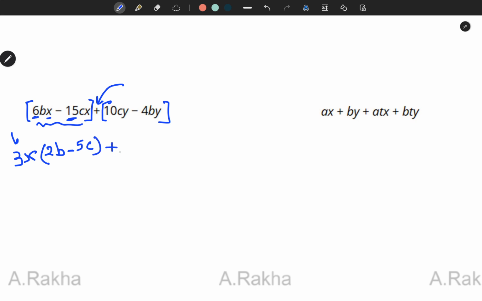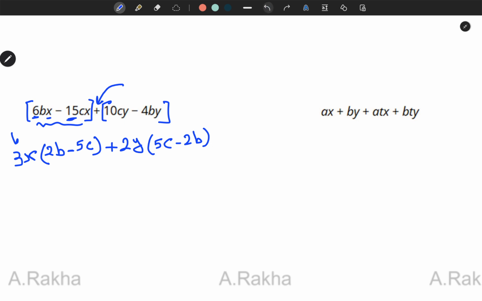Plus, what is my common factor here? My common factor here is 2y. So when you take 2y as a common factor, I will have 5c minus 2b. Put in your mind that always these brackets must be the same as this, because we have to take them as a common factor again.